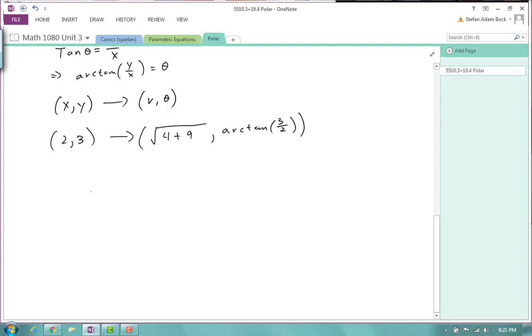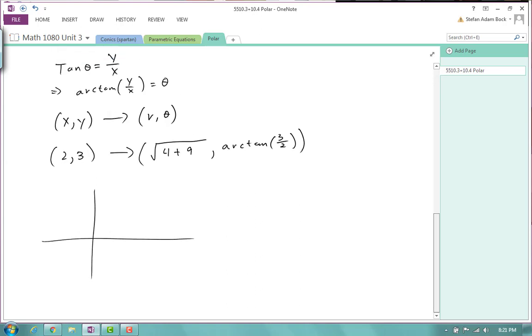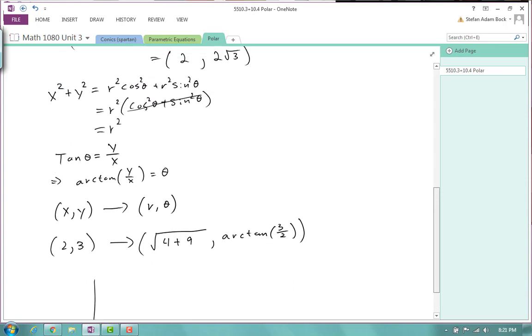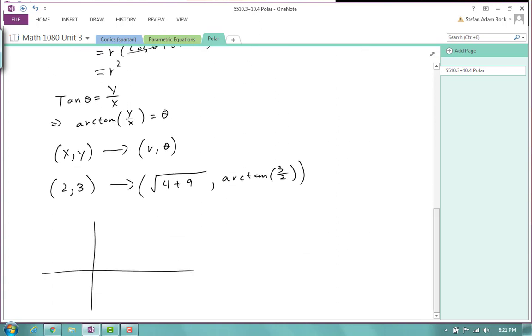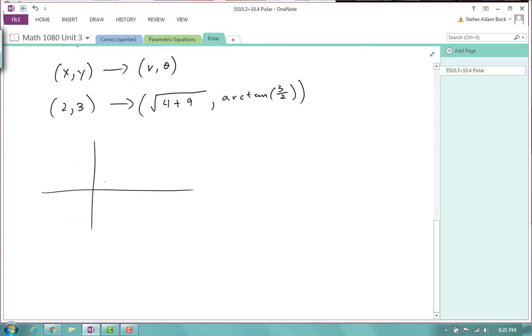Because you see, the way polar works is you choose a direction and then you choose a distance. But you're also allowed to choose negative distances. So not only do you have coterminal angles working with you, but you can also go backwards to try to find your point. So for example, this point we found earlier, 4, pi over 3. Pi over 3 is up this way. We'll say that's 4, pi over 3.